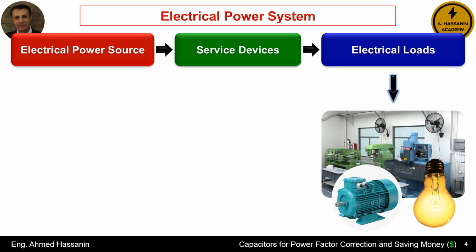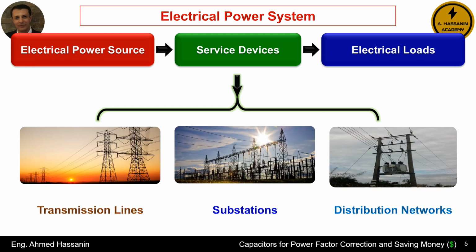However, the electrical loads refer to the various electrical equipment and devices that consume electrical energy, such as motors, heaters, lamps, and so on. As for the service devices, they are the various electrical equipment that receive electrical energy from the source or power stations and deliver it to the electrical loads.